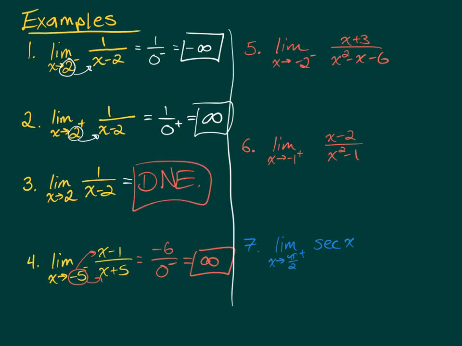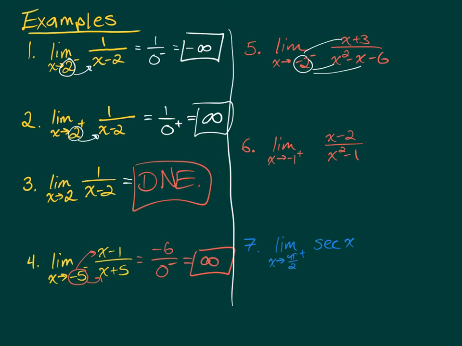In example 5, you can see the limit as x approaches negative 2 from the left of x plus 3 over x squared minus x minus 6. The first step here is to double check what happens when you substitute negative 2 in for all of these x's.